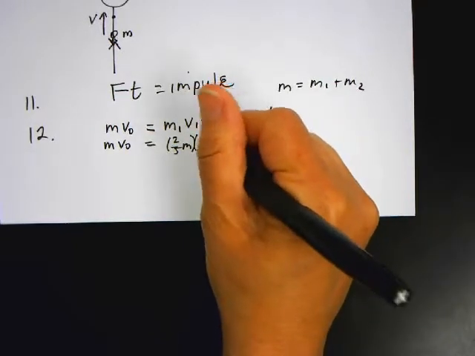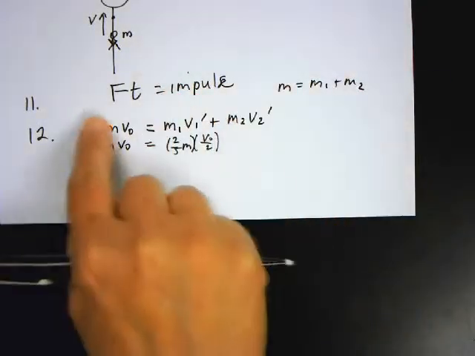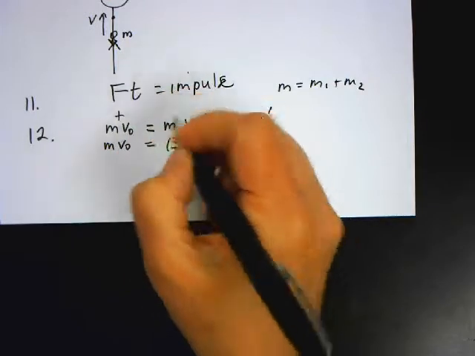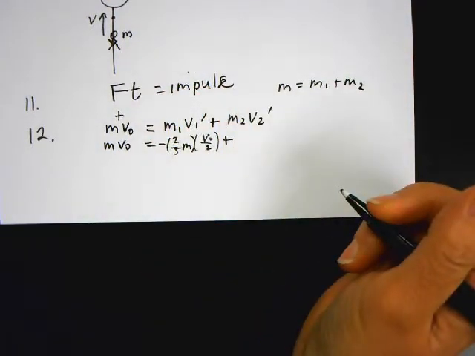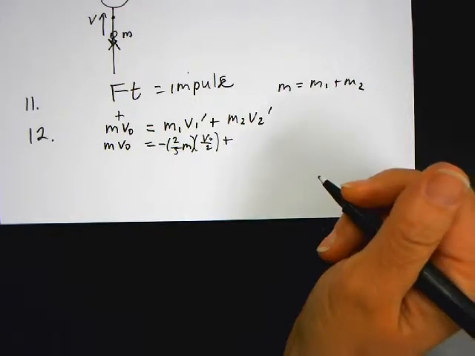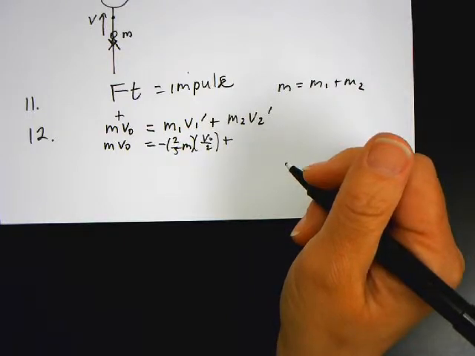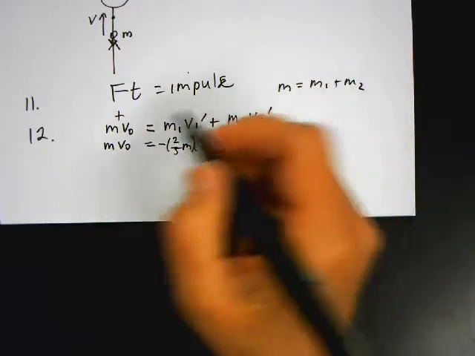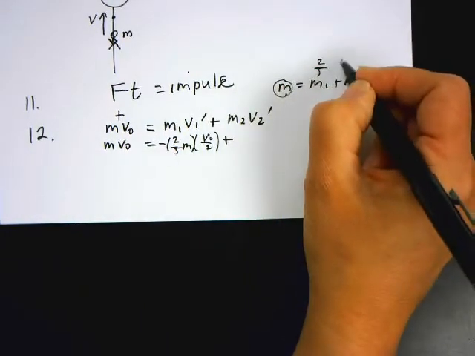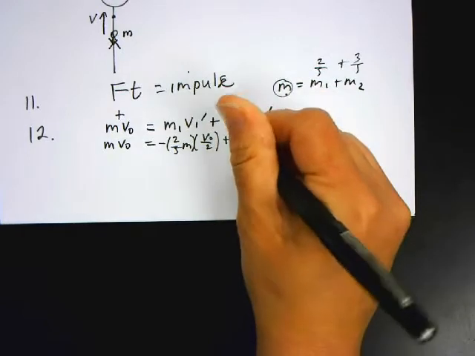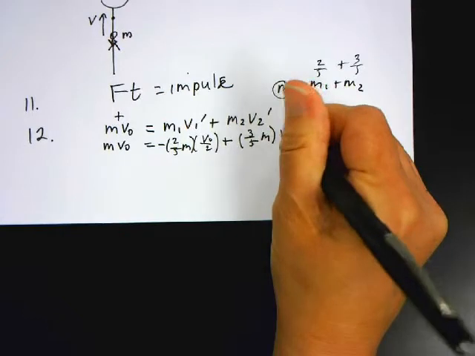So I have to establish my sign convention. If it's initially moving to the right, and this is positive, this is going to be negative. Plus m2. So what's the speed of the other piece? Now I'm going to use common sense. If this is m, and this is 2/5 m, this has to be 3/5 m. That might be something that people forgot. So 3/5 m times v2 prime.